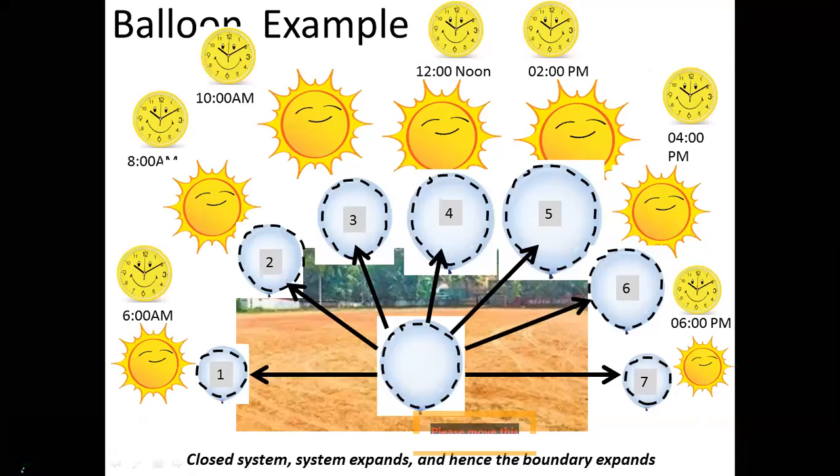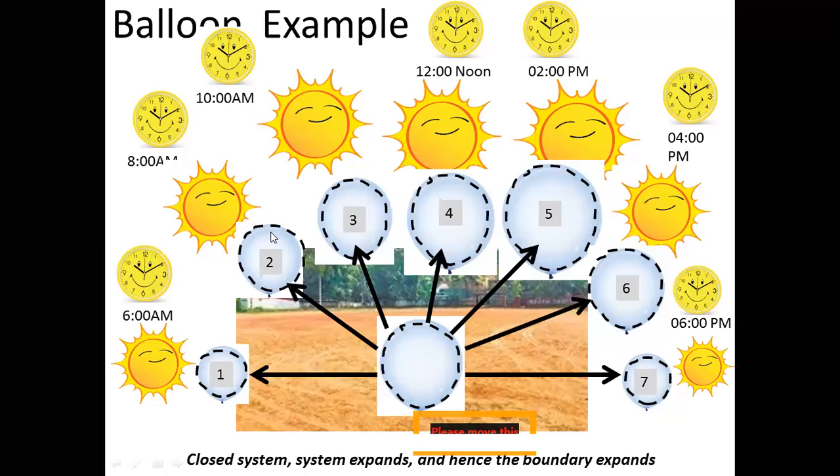Let me look into this again. I put a little extra here. You can see the dash line. This dash line I represent the system boundary.